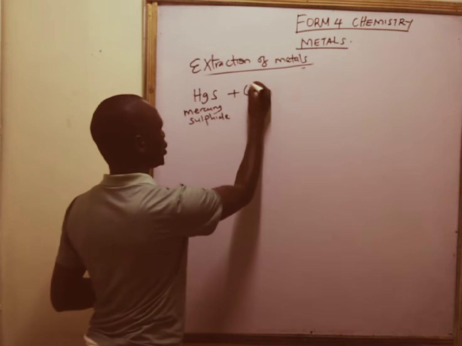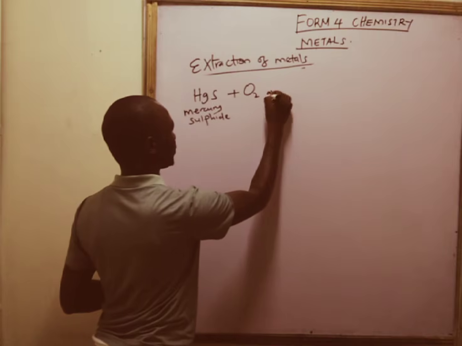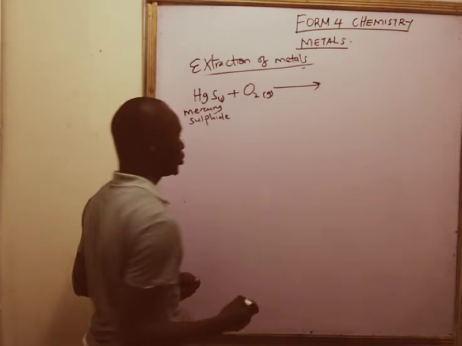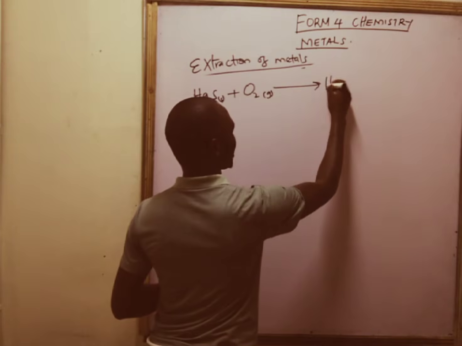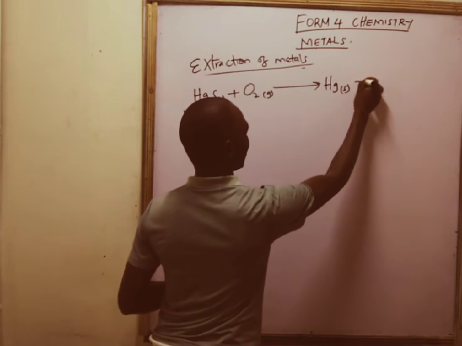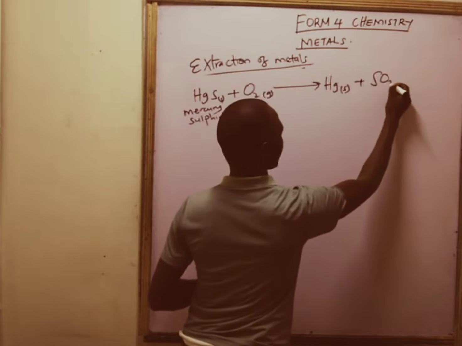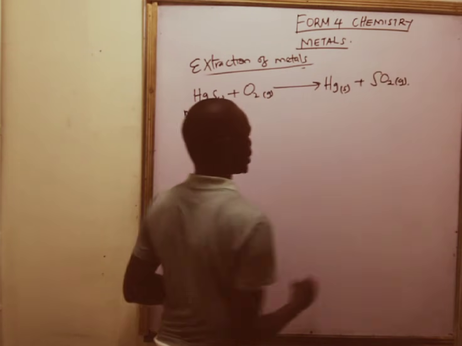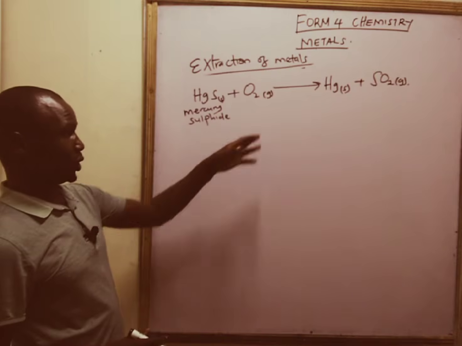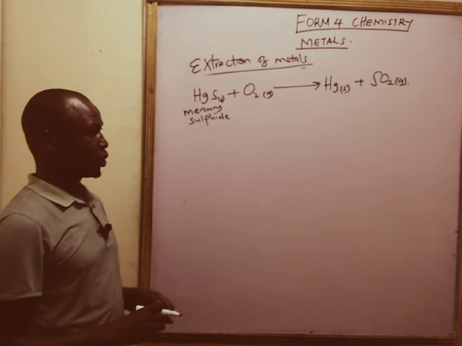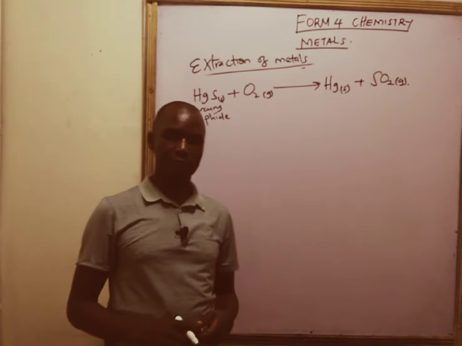You only need to heat it directly in air for you to get the metal directly, that is mercury, plus of course sulfur burnt in air will give us sulfur 4 oxide, which is a gas. That is how heating is used to extract those elements which are lower in the reactivity series.